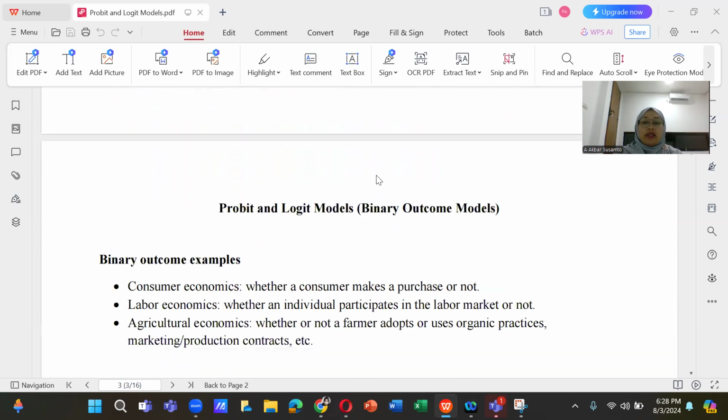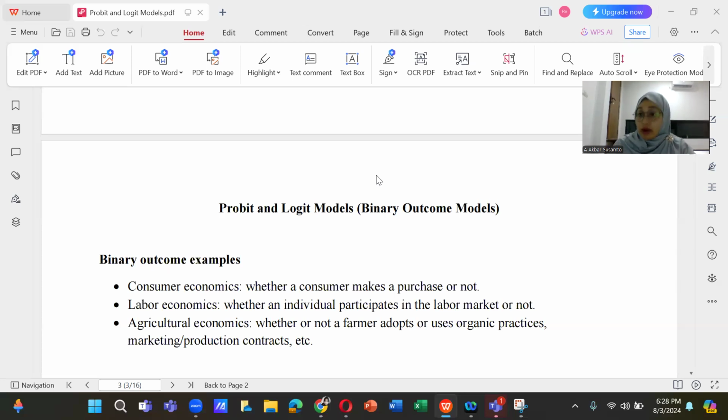Okay, then students, here we will give you a binary outcome example. You can use the Probit and Logit model in the case of consumer economics, whether a consumer makes a purchase or not. This is an example of a binary model.